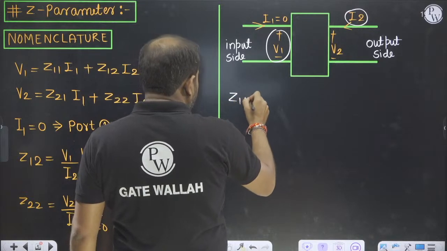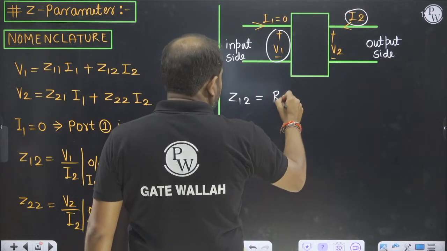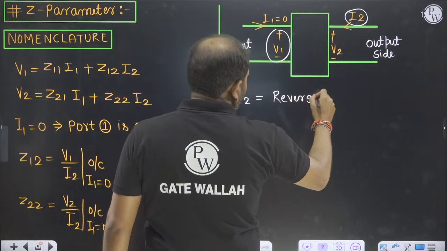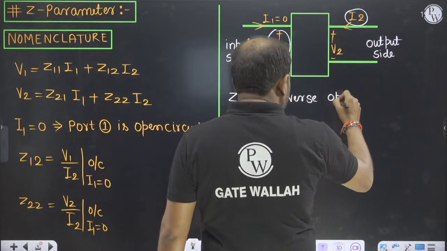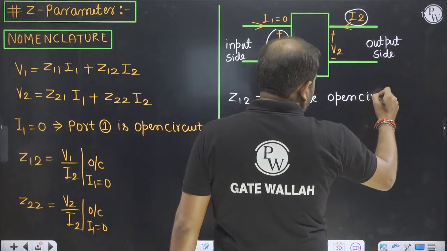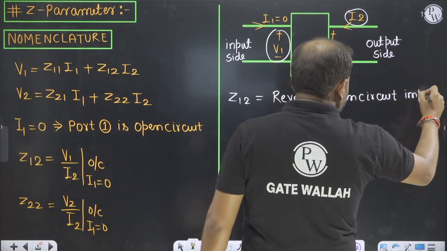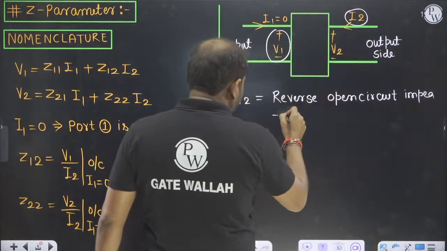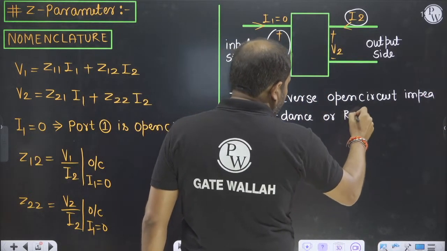So Z12 is known as reverse gain or reverse open circuit impedance.